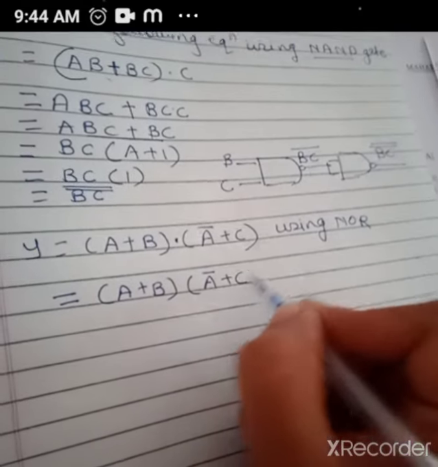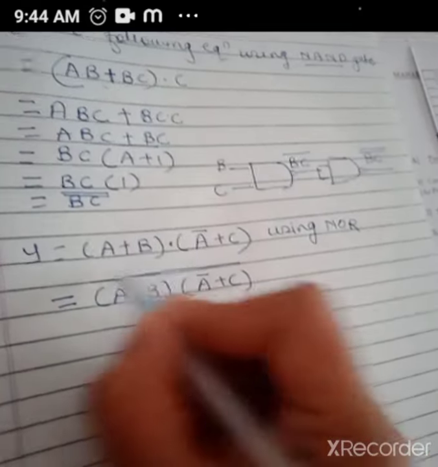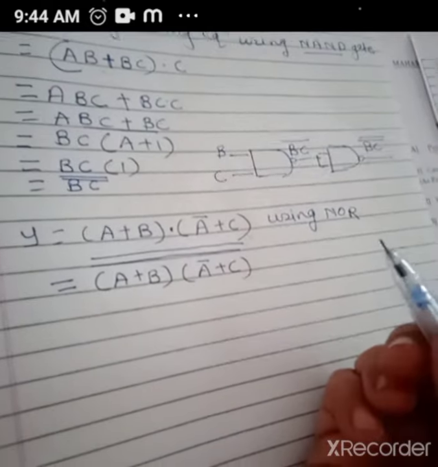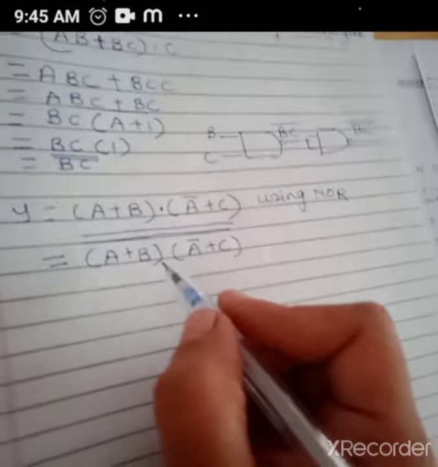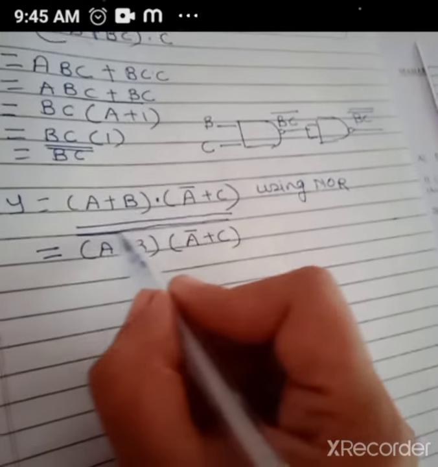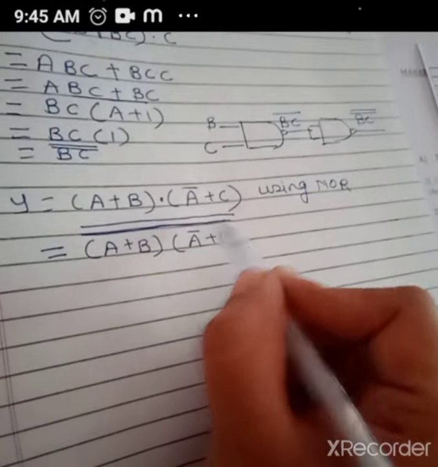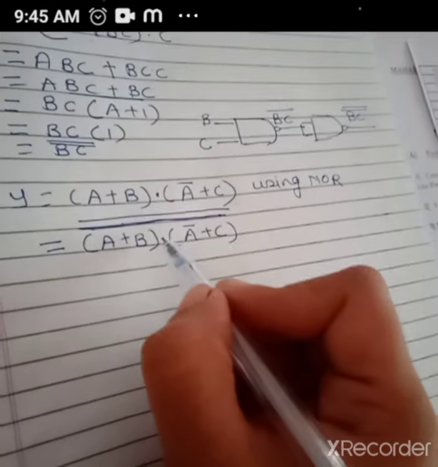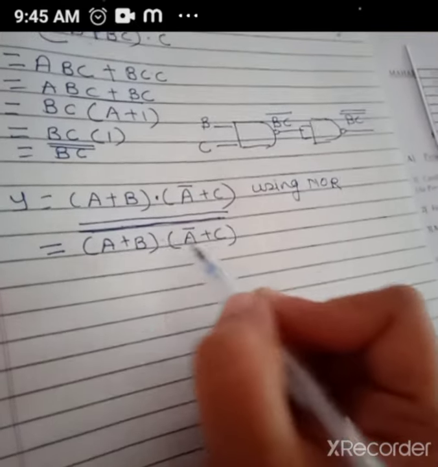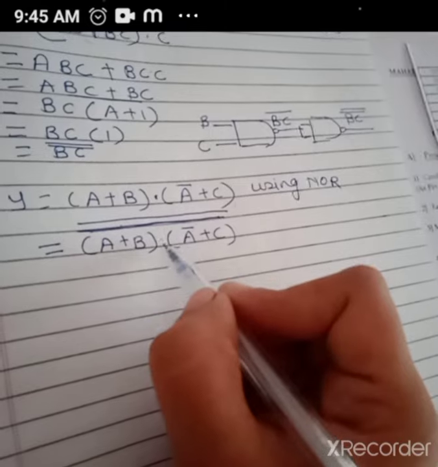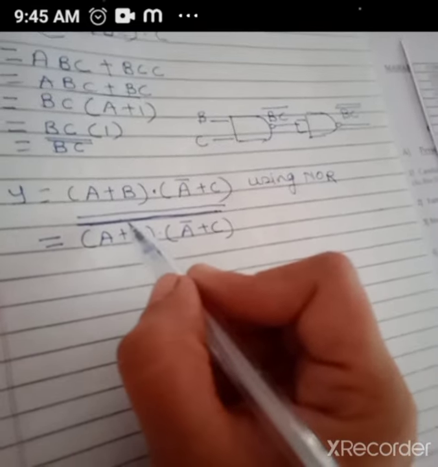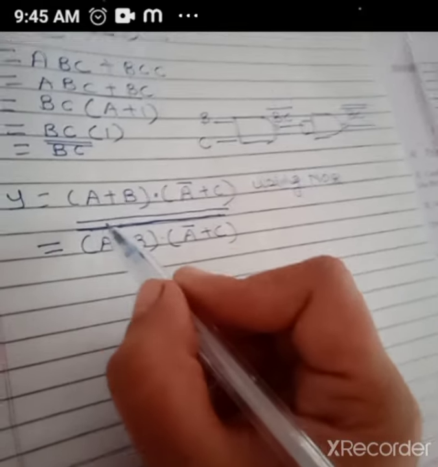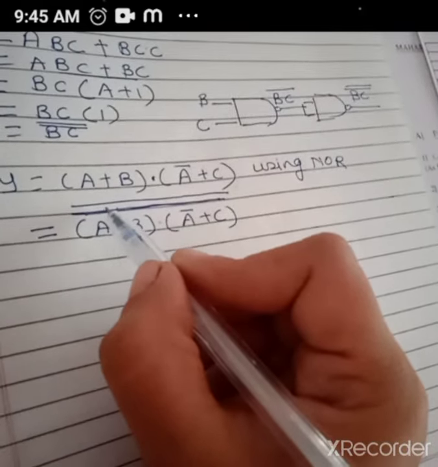Write the equation as it is and put a double bar or double complement on its head. Right? And after that, try to break this bar. So if you break this bar, this multiplication sign will get converted into plus. Right? So putting a double inversion bar doesn't matter, because by the inversion law it will get eliminated.